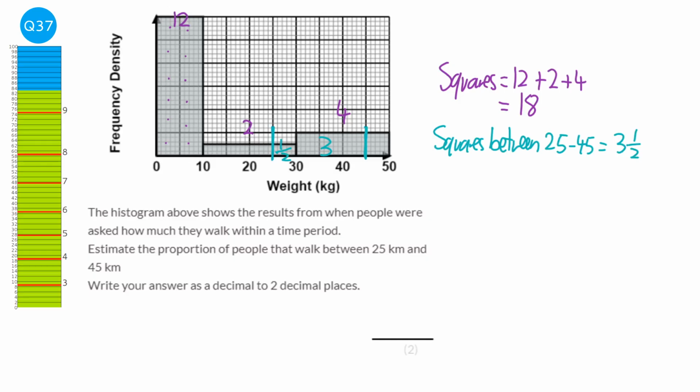So we've got 3.5 in total, out of a possible 18. So we just need to do 3.5 divided by 18 to work out the proportion, and that gives us 0.194..., and to 2 decimal places, that would be 0.19.